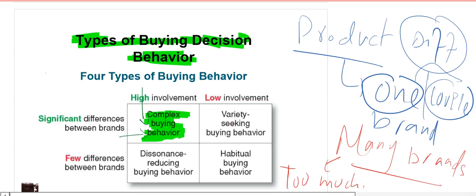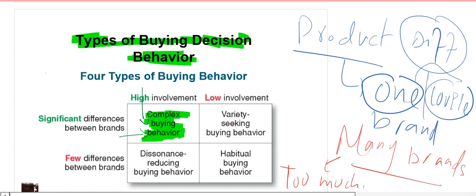It means there are so many brands available in the market, and so there is a significant difference between the brands. And consumers get highly involved in this behavior.